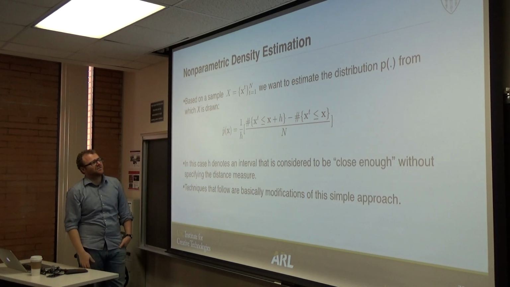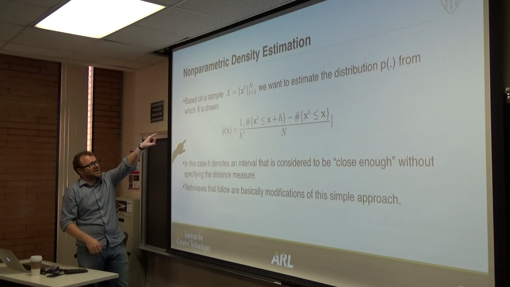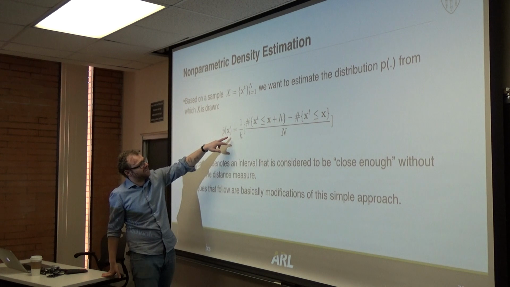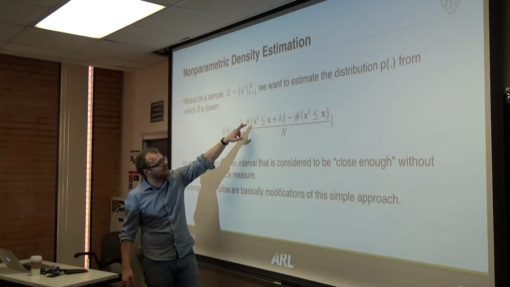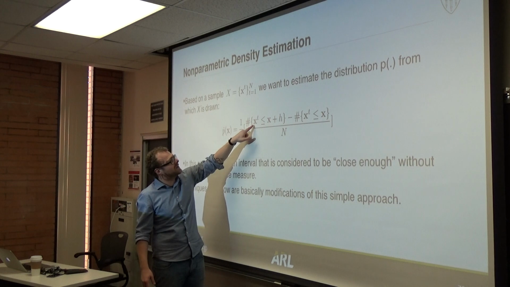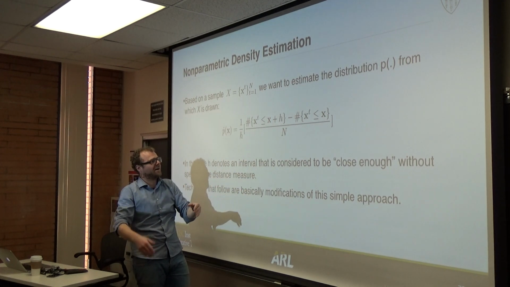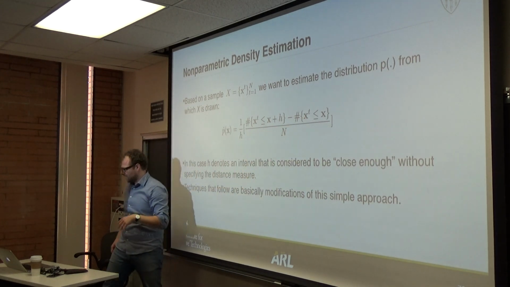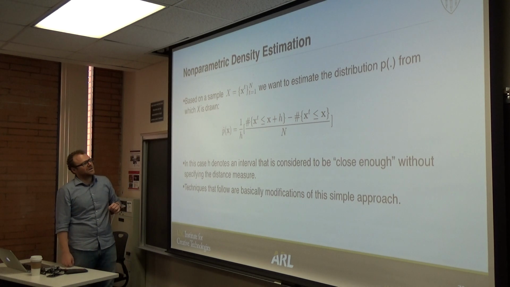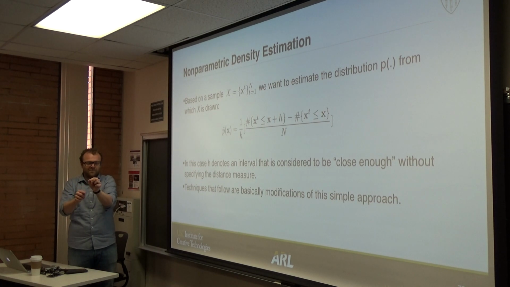They might be n-dimensional, whatever, but we can compute a distribution and the density for this random variable x by doing the following: we count the number of items that fall into a region of plus or minus h, minus the items that are past a certain level or below a certain level, okay?